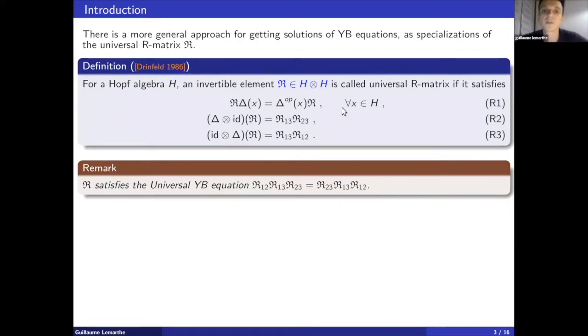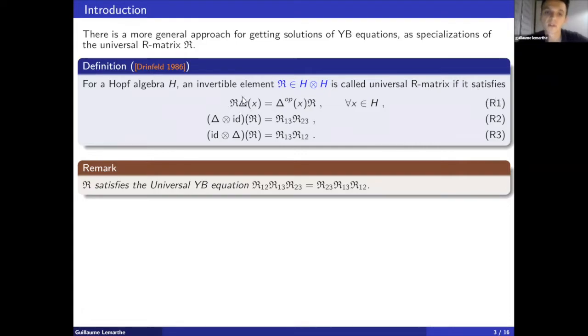Okay, so more generally, you can obtain solutions of the Yang-Baxter equation through evaluation of a universal R matrix. So it's an element in H tensor H, more precisely in a completion of H tensor H, where H is a Hopf algebra, and it satisfies three axioms.